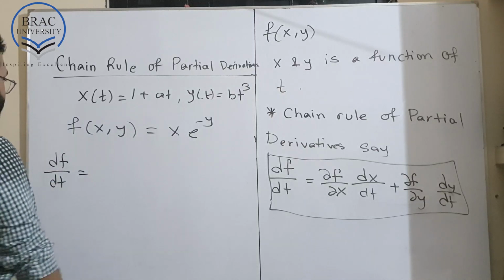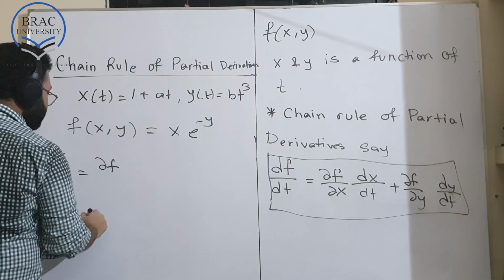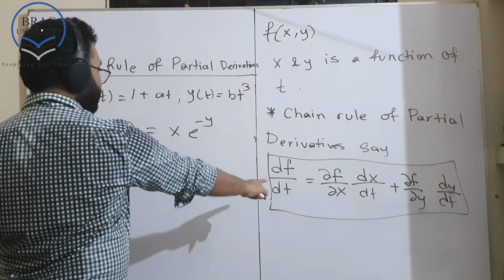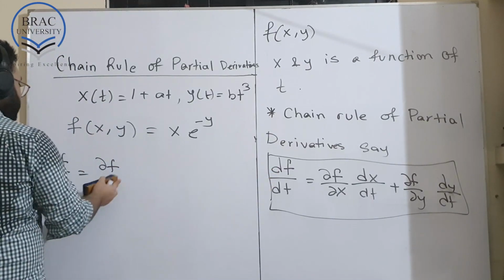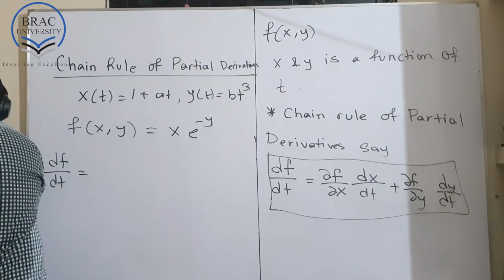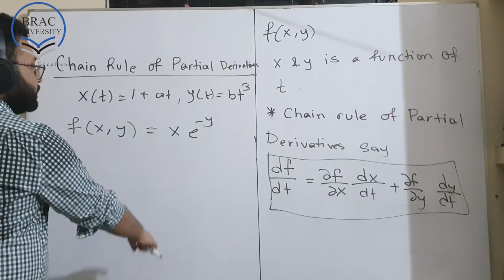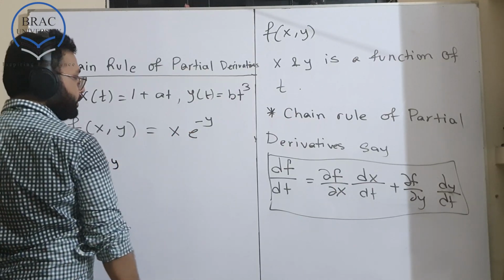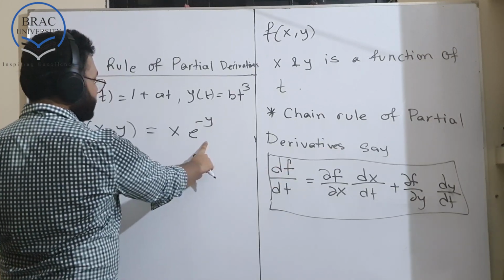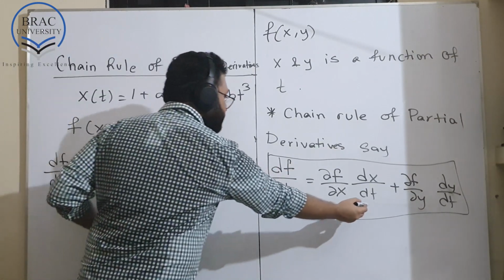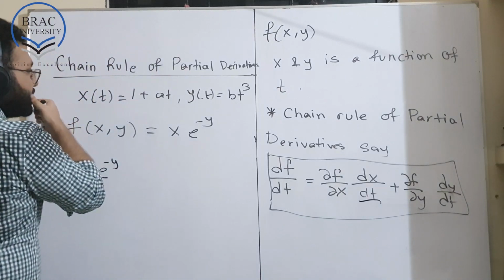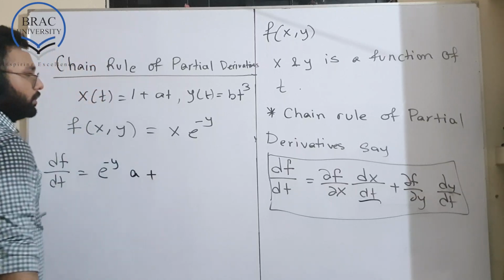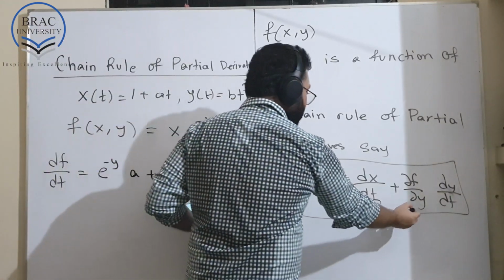So what would this be? Let's apply this. So let's first see what would partial f with respect to x be? This is just the exponential of minus y. And what is dx/dt, because I took the derivative of this? This would be just a. Plus, what about this?